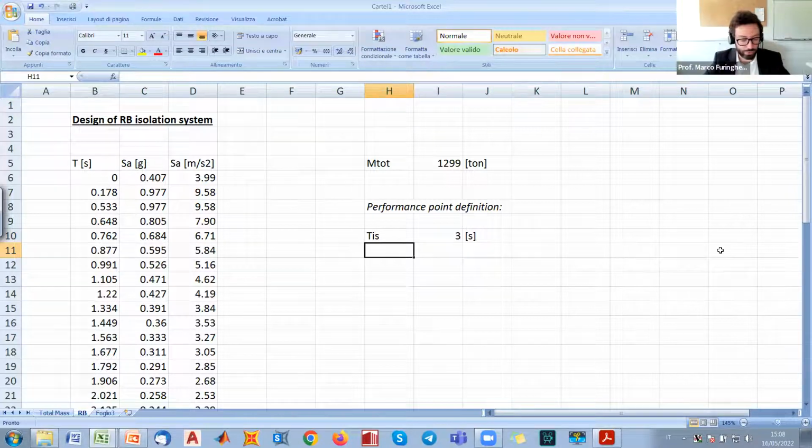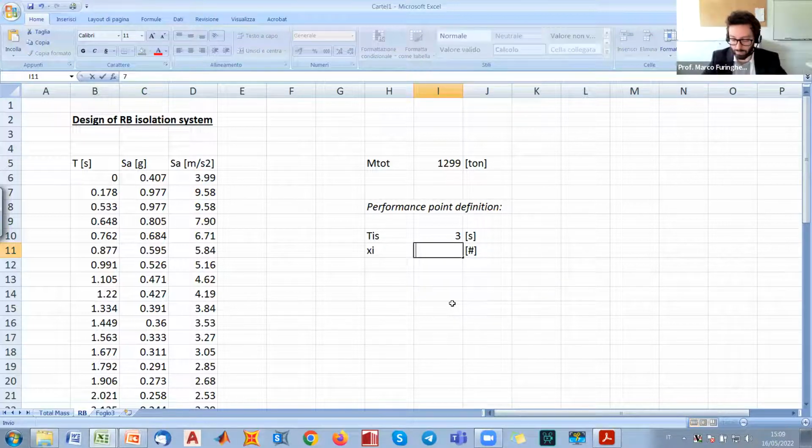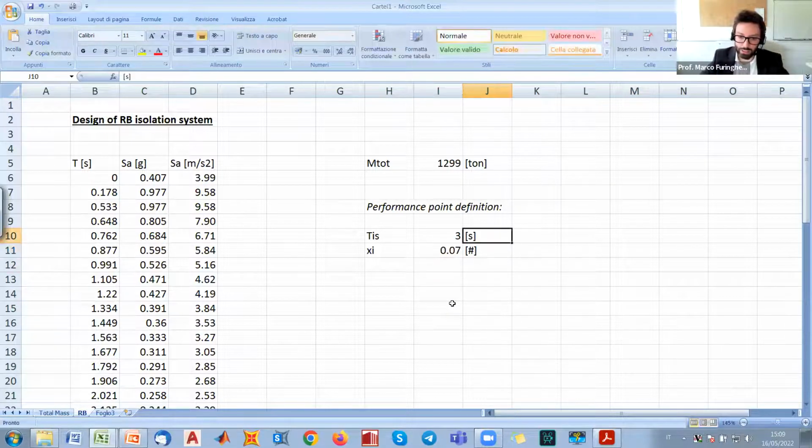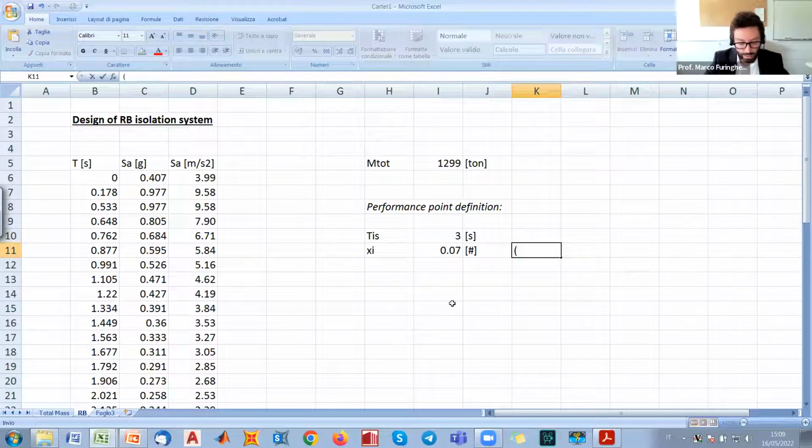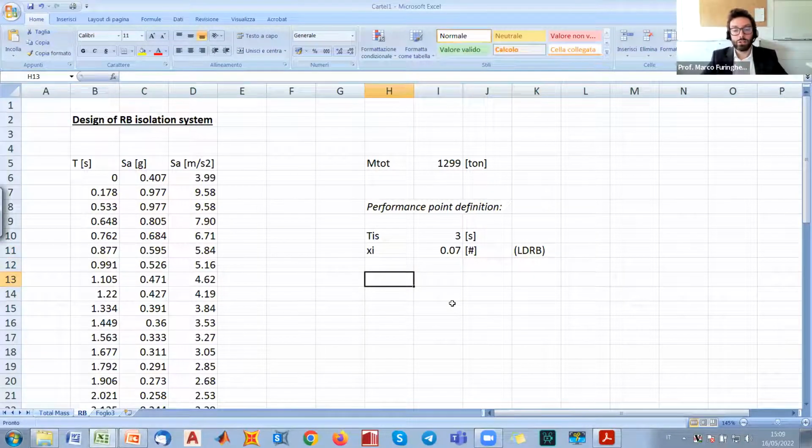And the equivalent viscous damping is just a number. Rubber bearings means that we can choose between low damping rather than high damping. Let's consider 7%. So let's consider it like a low damping.